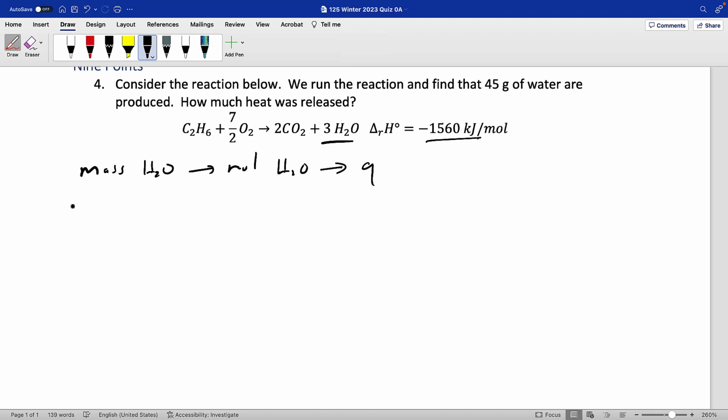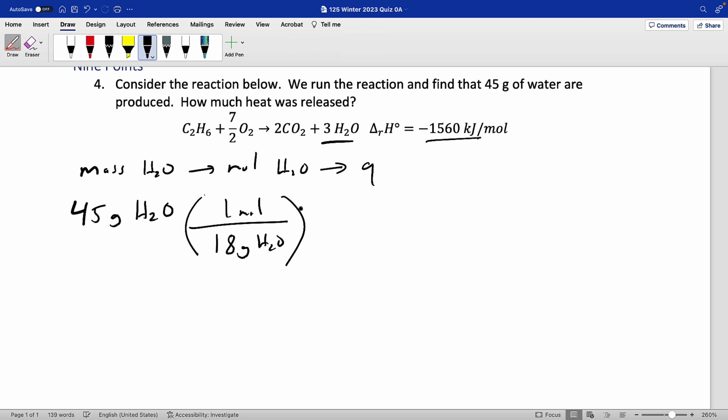So let's do that. We've got 45 grams of water, and there are 18 grams of water for every 1 mole, so we can cancel that. Then we need a ratio of moles of water to kilojoules, and we can see that here.